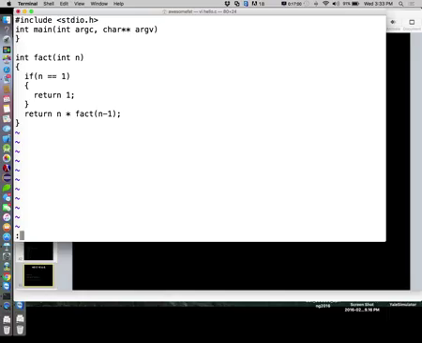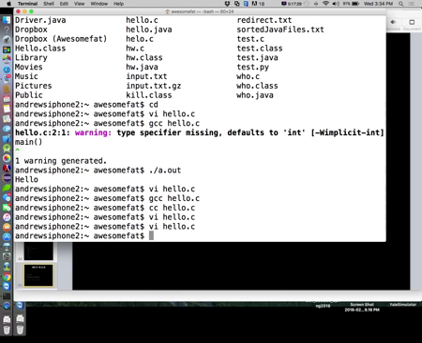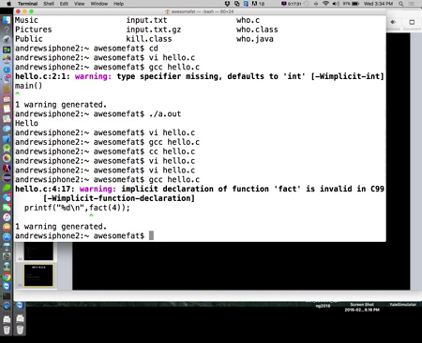Whoa. Doobie doobie doo. This is supposed to be the CC one.